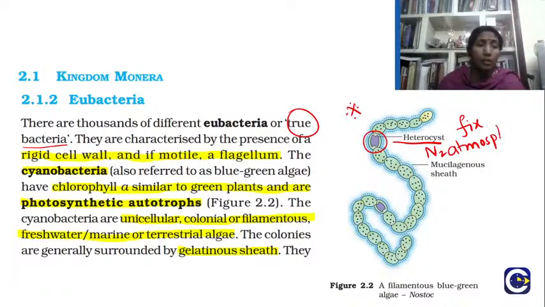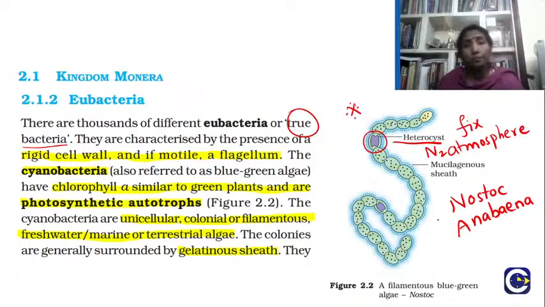That is where they are very, very important. Where can you see heterocysts? They are present in Nostoc and Anabaena. These are examples of blue-green algae, and they help in fixing nitrogen from the atmosphere.